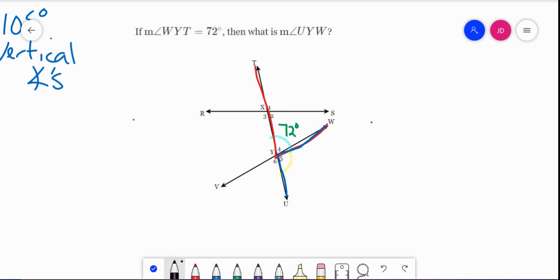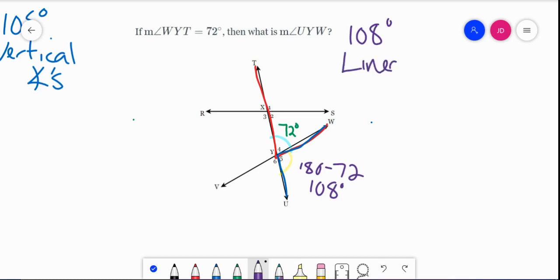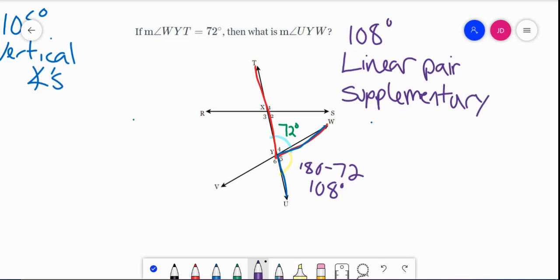So this is going to be 180 minus 72, which is 108 degrees. So this is 108 degrees because it's a linear pair with angle WYT, or another way to say that is they are supplementary. So they are supplementary angles.